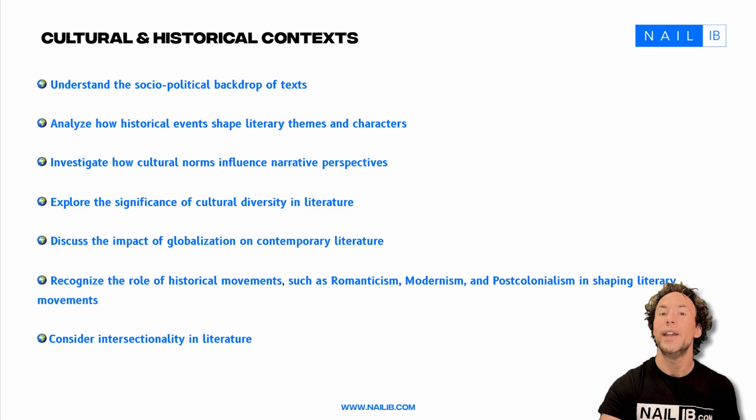So we could read the same book and have very differing opinions on the book because of the culture that we come from. By investigating how these cultural norms influence the narrative perspectives, we will develop a much deeper understanding of cultural diversity in literature and how this shapes the lens through which stories are perceived and understood.